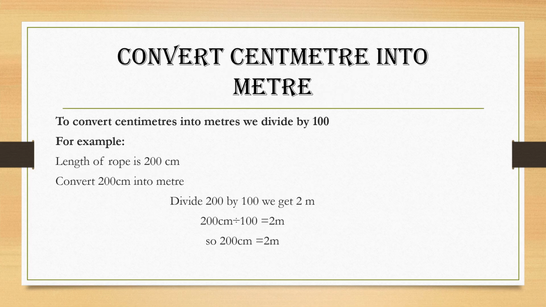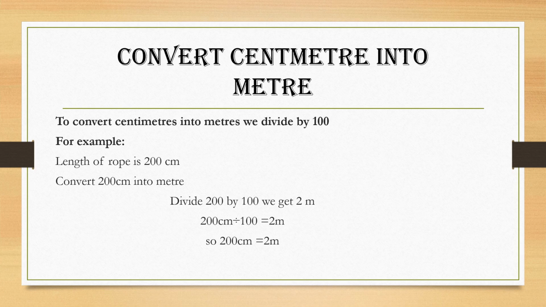Now the next is convert centimeter into meters. When we want to convert centimeters into meter, we divide it by 100. Remember it, when we want to convert meters into centimeters, we multiply, and when we want to convert centimeters into meters, we divide it by 100.